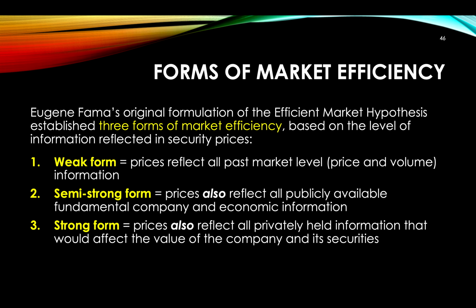And then we have the strong form, which says there are some people inside the company who have inside information, like the president, maybe the board of directors and some of the officers, and that prices reflect all of that privately held information as well that could affect the value of securities. You can't make profits based on privately held or inside information.